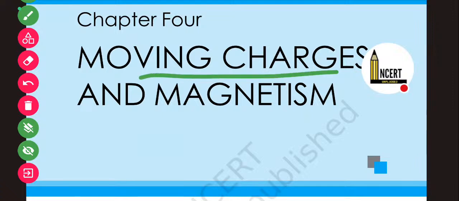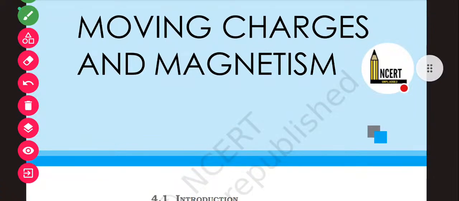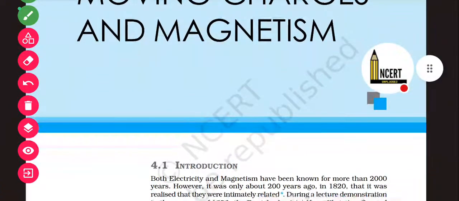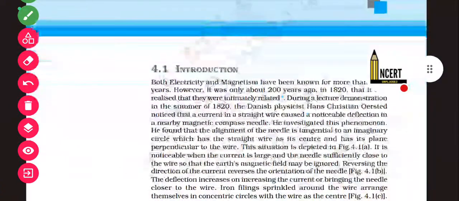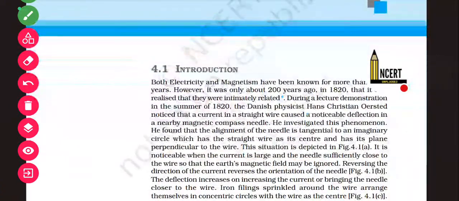These moving charges create effects like the heating effect, and they also create a magnetic effect. In this chapter we'll study magnetism as an effect of moving charges or current. So let's begin then.